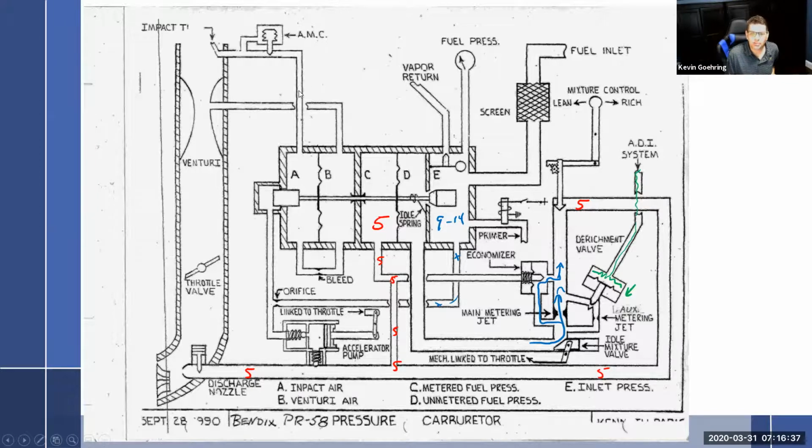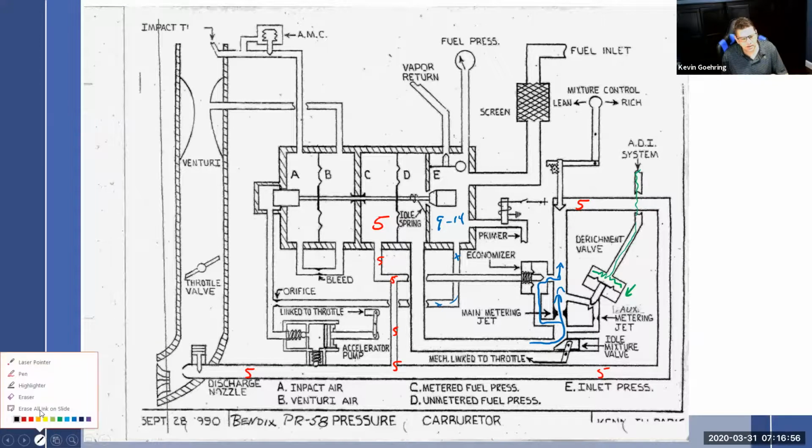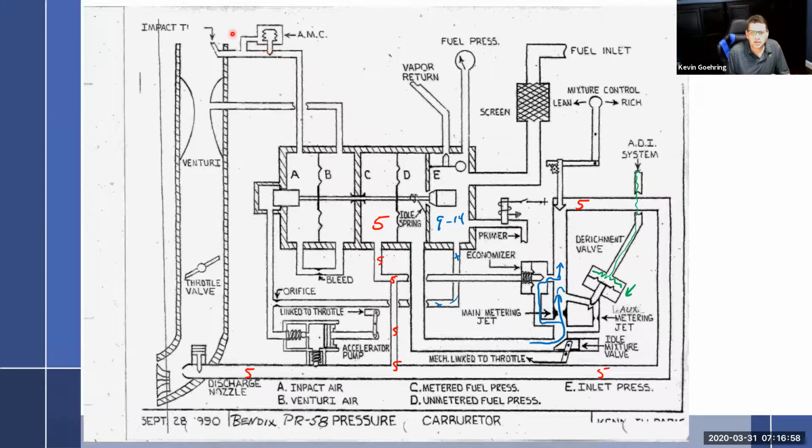You say, why? Well, because we have impact air coming in here. And if it doesn't have a way to flow, then the air is just going to come in here and pressurize this, even if there is a restriction over here. Even if there's a restriction right there, that does not mean that it's really going to work, because you have to have flow for an orifice to work.